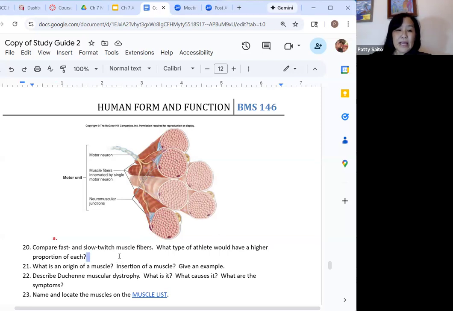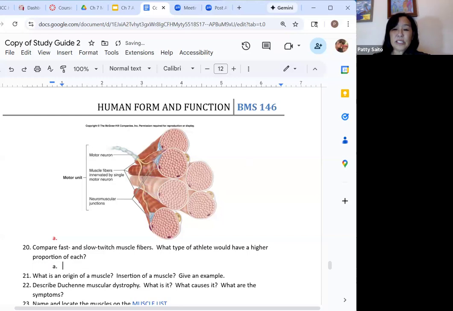All right. This one, question number 20, is looking at muscle fibers. Okay, so now, up until now, I've been just calling these muscle fibers, right? Each one is a muscle fiber made up of a whole bunch of myofibrils in it. But now I'm going to tell you that not all muscle fibers are the same.